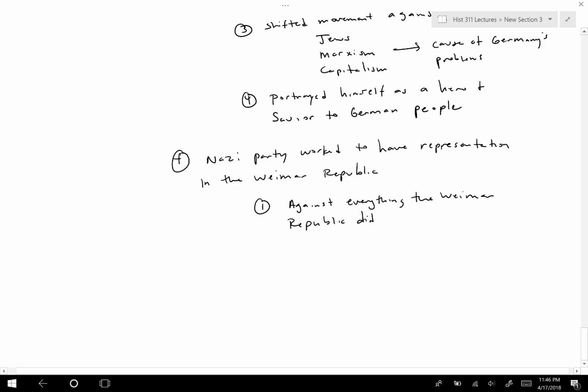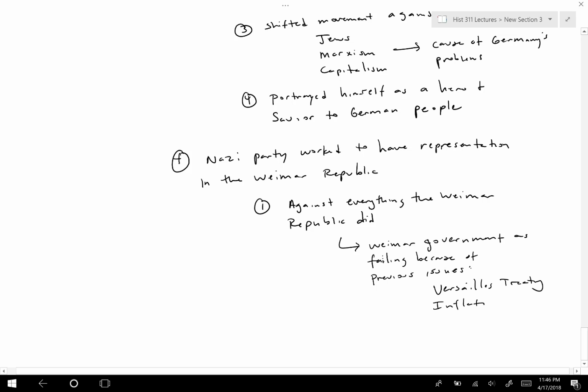Many people saw the Weimar government as failing, right? Because of what we already looked at, the previous issues, which were, like I said, the Versailles Treaty and inflation, and all the points of the Versailles Treaty in the process.